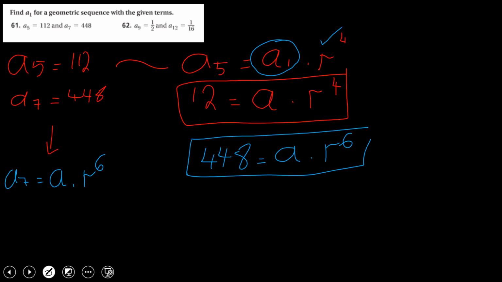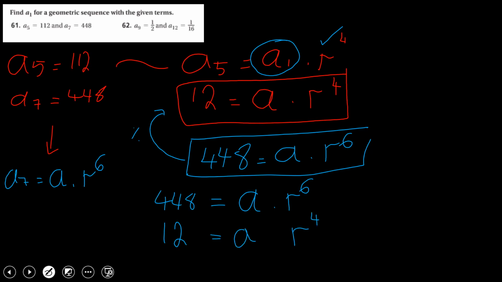Now, let's divide this one by this one. Here we have two equations, and I want to solve them because I have two unknowns, A sub 1 and r. So I need two equations. One is 448 and the other is 112. If you divide them, A over A cancels each other.